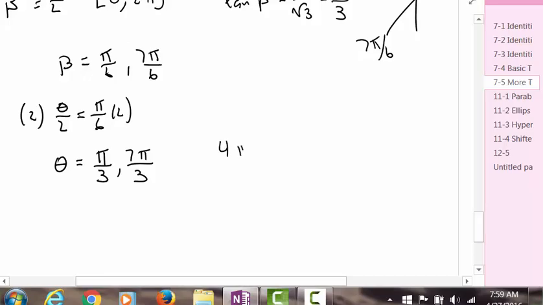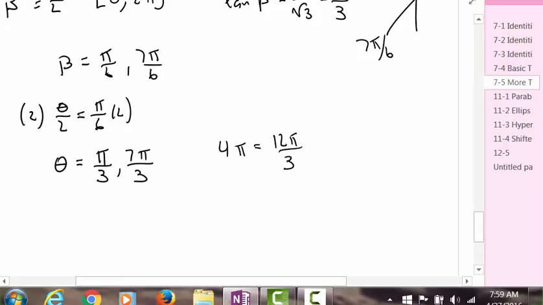What would 4 pi look like in terms of thirds? 12 pi over 3? Okay. So now we got to think for a second. Is 7 pi thirds the biggest, or can I go one more?